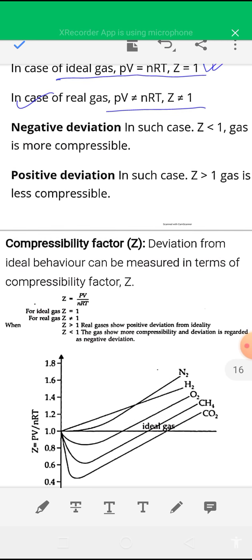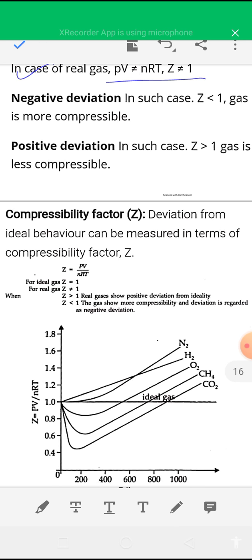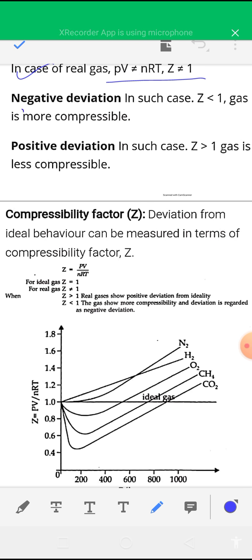Now real gases can show two types of deviation. One is negative deviation, another is positive deviation. If Z is less than 1, the gas is more compressible, and we find negative deviation. And if Z is greater than 1, then the gas is less compressible.